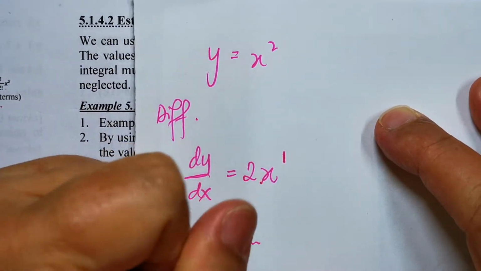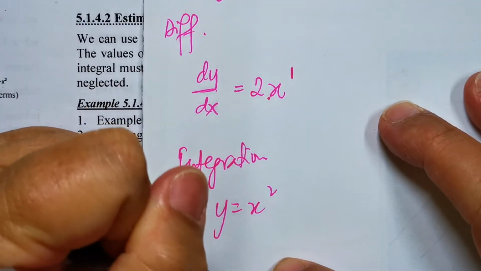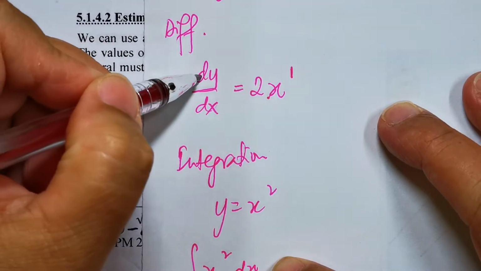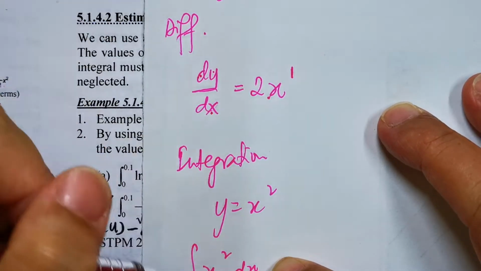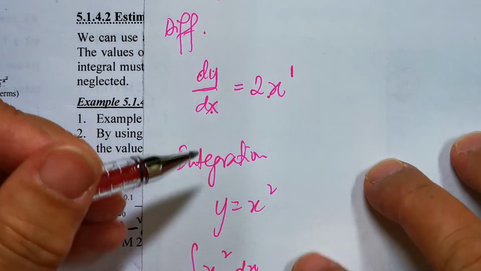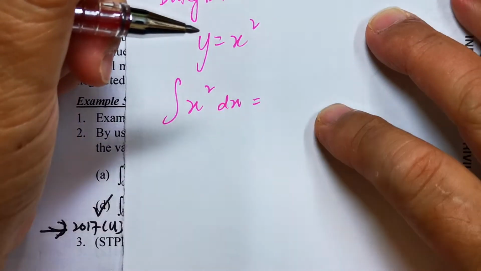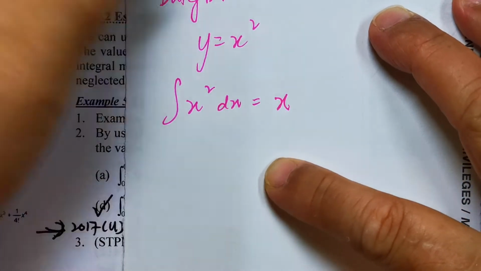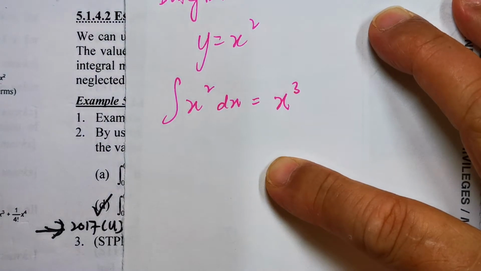If y equals x squared, when we integrate x squared with respect to x, it is the same as differentiating y with respect to x. You integrate a function also with respect to x. So for integration, we copy the base, index plus 1. Differentiation, index minus 1.